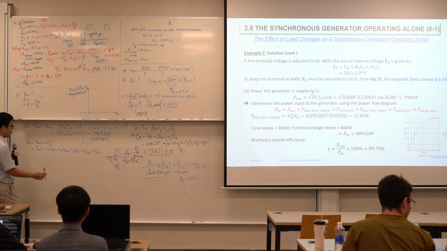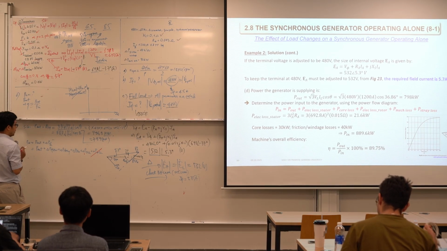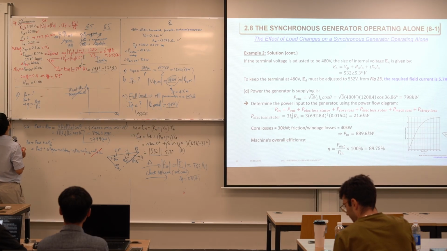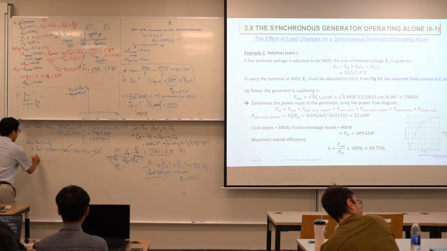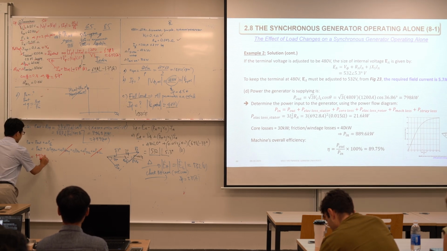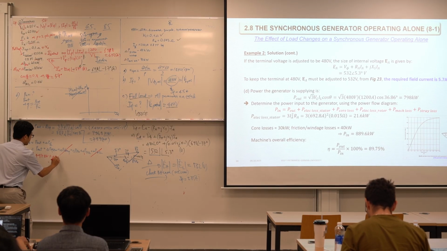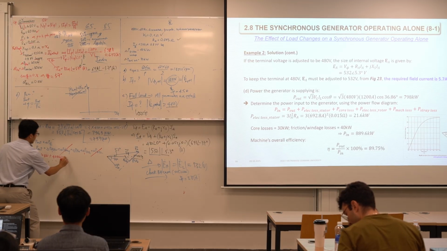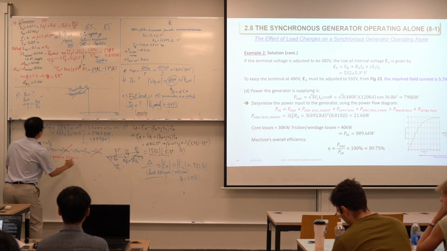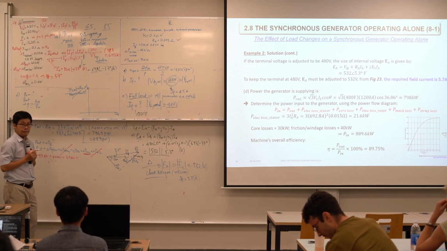So how about RCL? 0, right? Stray losses we don't have. So P in is 797 kilowatt plus friction and wind is 40 kilowatt, plus delta P Fe 30 kilowatt, plus delta P SCL. Oh, you need to calculate this one, right?